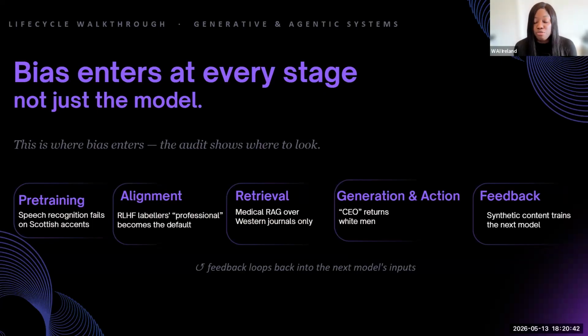IBM also has their Fairness 360 framework, which again you can use to measure fairness metrics and bias mitigations across a broad range of metrics. So those cover the ML pipeline. But for this talk, we'll focus our attention on our generative and agentic systems.